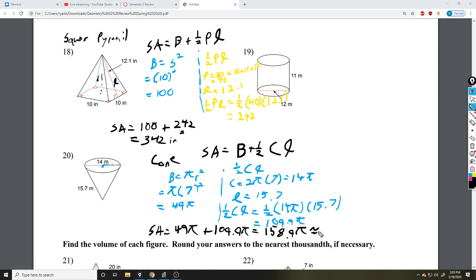But if we're rounding it to 3 decimal places, 158.9 times pi comes out to be, let's see, 498.5707. So we're going to round that up to 1. Meters squared. Again, surface area, still an area.